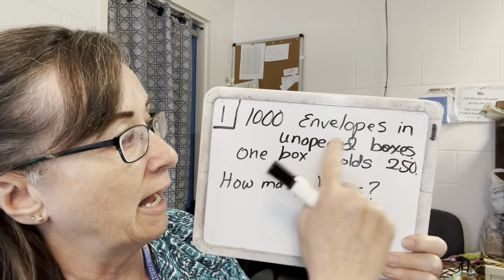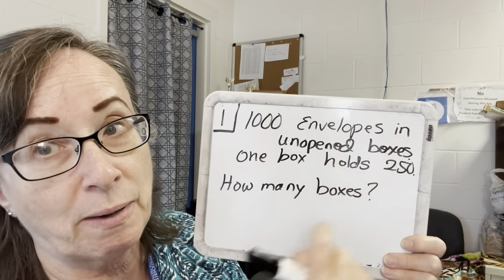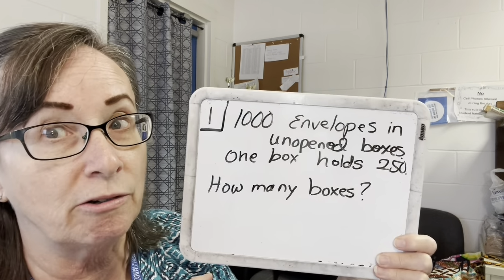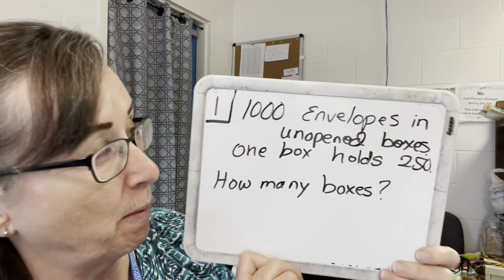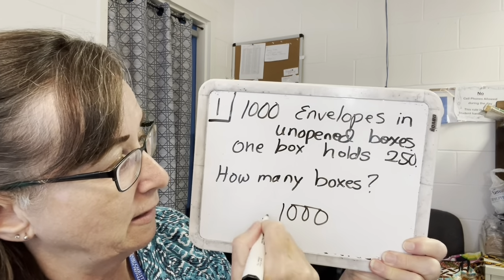They're in unopened boxes, so there can't be pieces and parts of them. One box holds 250. How many boxes? So, wouldn't we want to divide 1,000 by 250 since there are 250 in each box? So, 1,000 divided by 250.